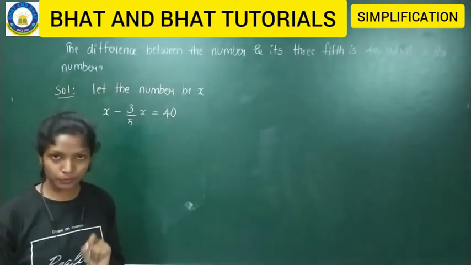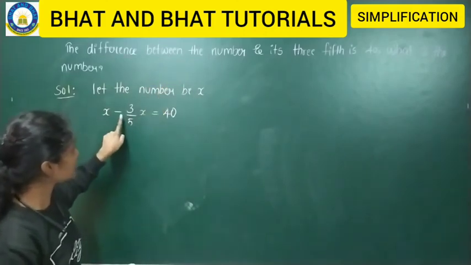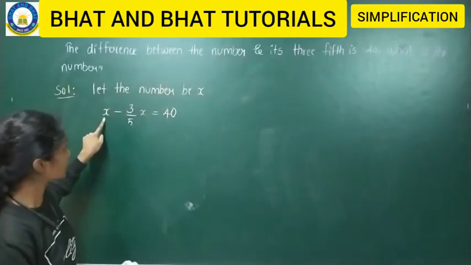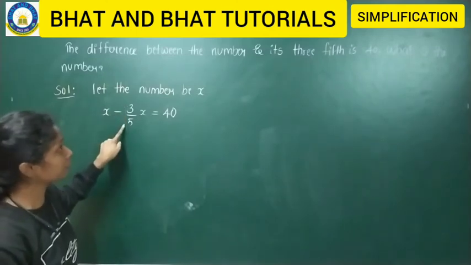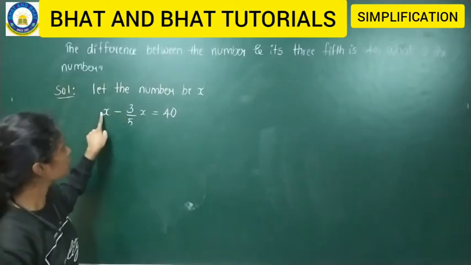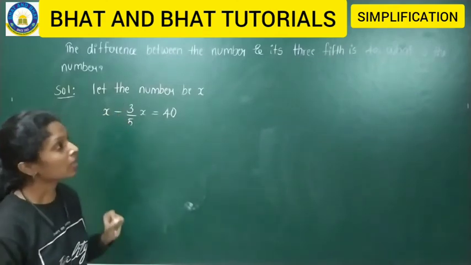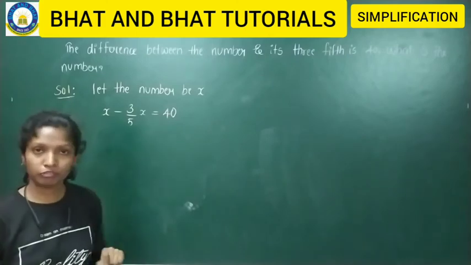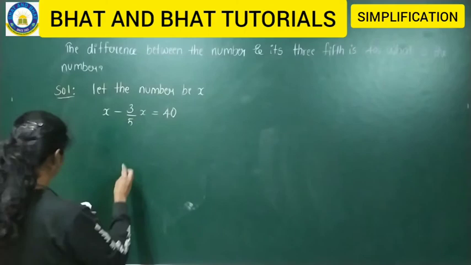So let the number be x, and the difference between the number and its 3/5, the difference is nothing but minus. The difference between these numbers is 3/5 of that number, which is equal to 40. Got this? Now we'll move on to the next step.